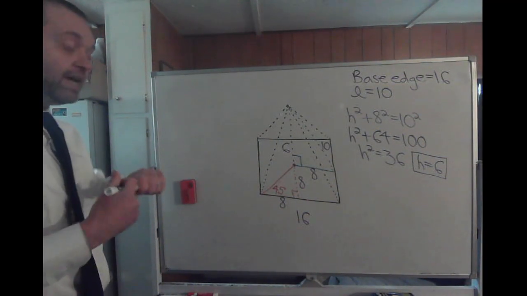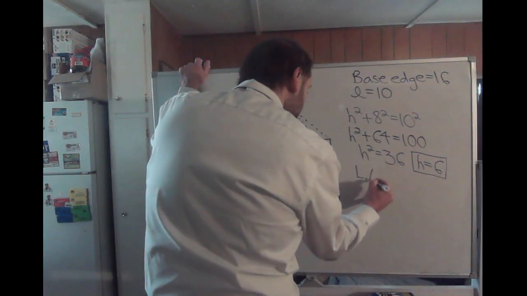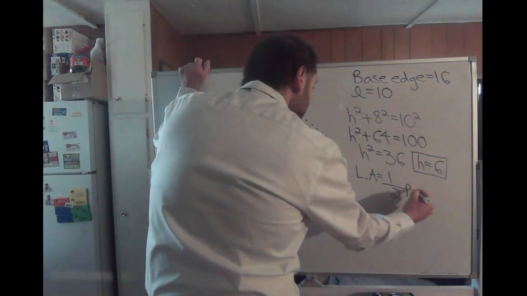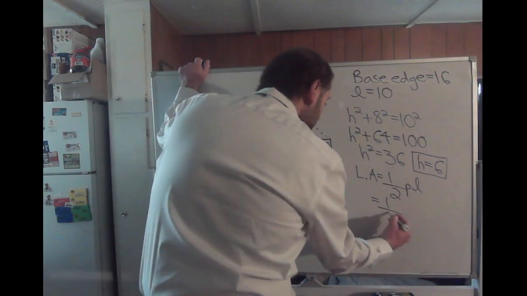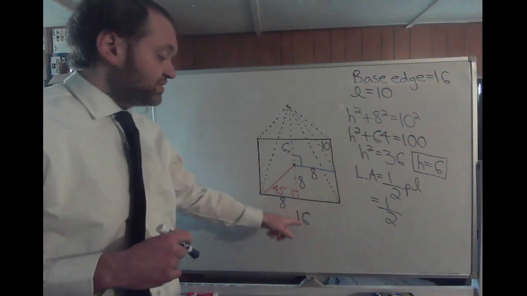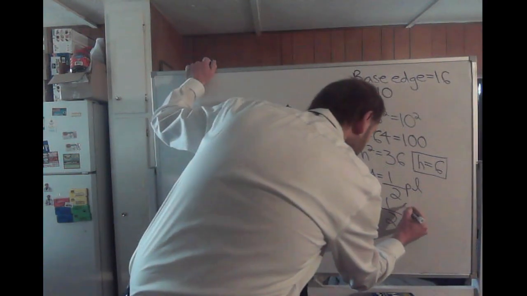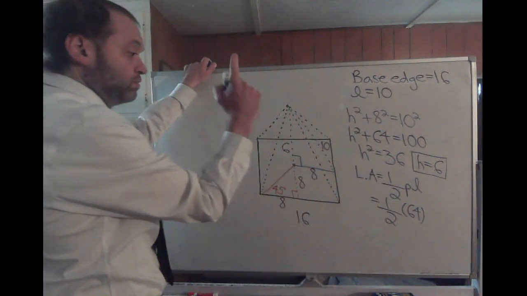First, let's find the lateral area. The lateral area, of course, is equal to half the perimeter of the base times the slant height, which in this case, what is the perimeter of the base? You just take that length of 16, multiply it by 4 since it's a square, so the perimeter would be 64 times the slant height, which is 10.